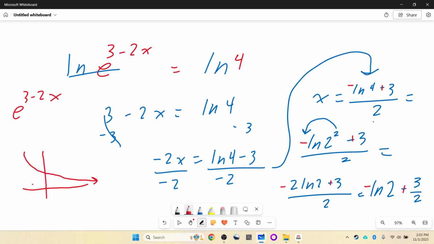And we're saying if we draw a line at 4, because the original equation is e to the 3 minus 2x is 4, where does that cross? And this is 3 halves minus ln of 2, which would be about 0.8, I think.